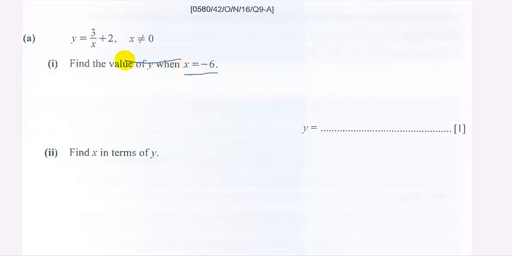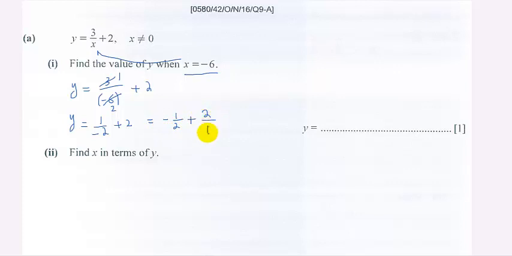So y is equal to 3 over, whenever you put a value, use brackets, minus 6, plus 2. So 3 ones are 3 and 3 twos are 6, so it is 1 over minus 2 plus 2. Now we have minus 1 over 2 and plus 2.